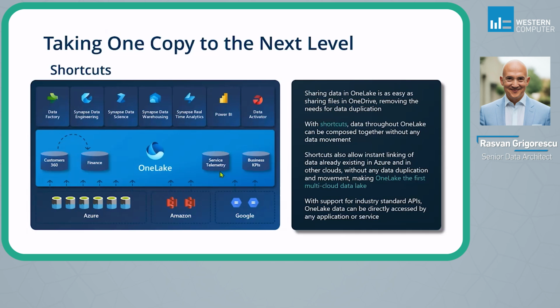So instead of duplicating, it's just accessing the data via shortcuts. So that allows instant linking of data that already exists, and the shortcuts make OneLake the first multi-cloud data lake. Also, OneLake data can be directly accessed through APIs by third-party applications or services.